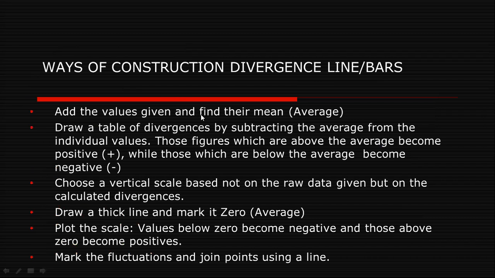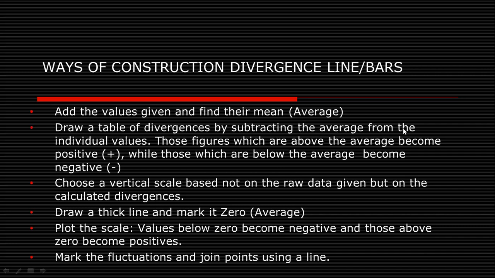We are looking at the steps of construction. Step 1, add up the values given and find the mean. We have already done that. Step 2, draw a table of divergences. How do you get the table of divergences? By subtracting the average. The average in this case is the 41, which we have got from the individual values.